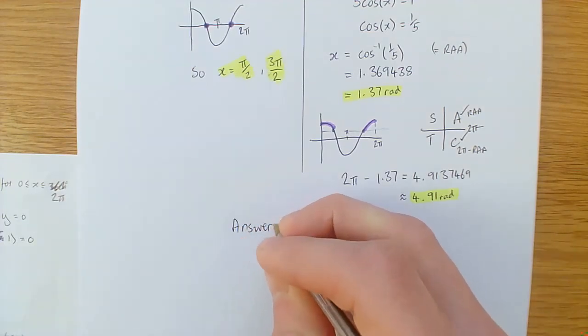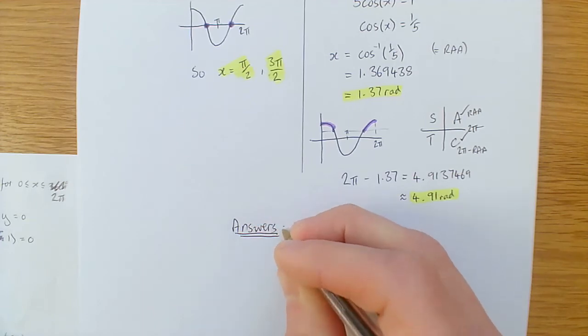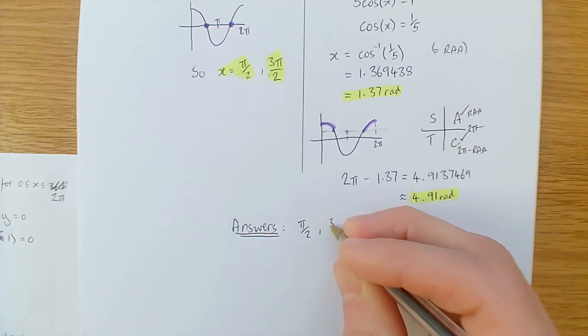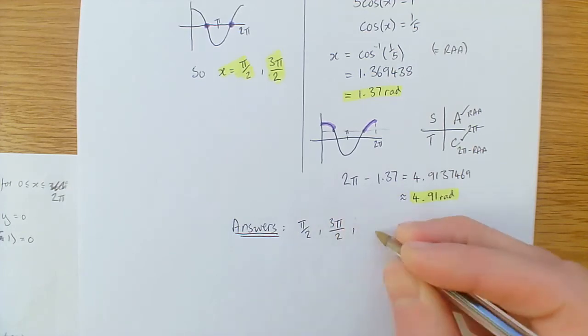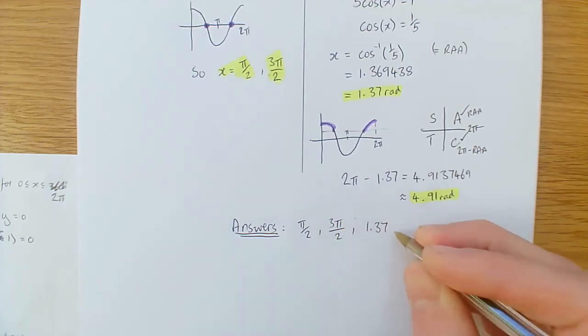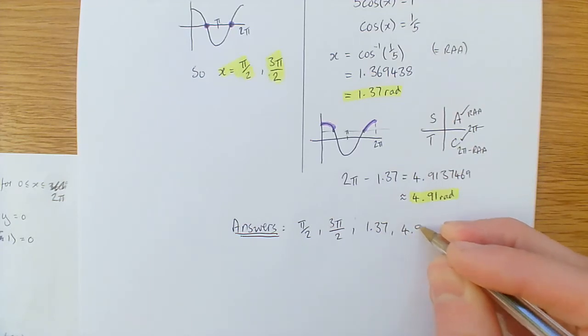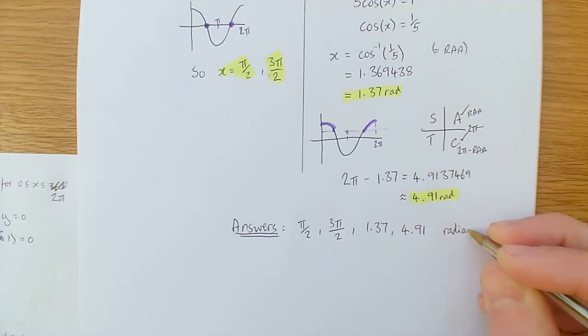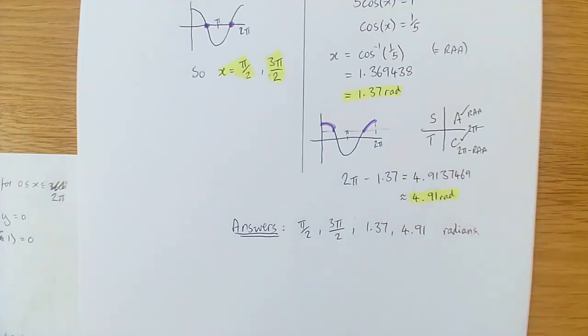Let's list our answers. So our answers were pi over 2, 3 pi over 2, 1.37, and 4.91. And they're all in radians. Good. So there we've got another solution.